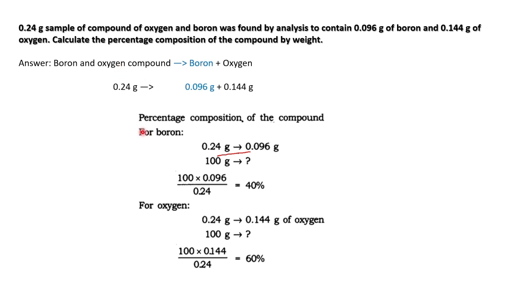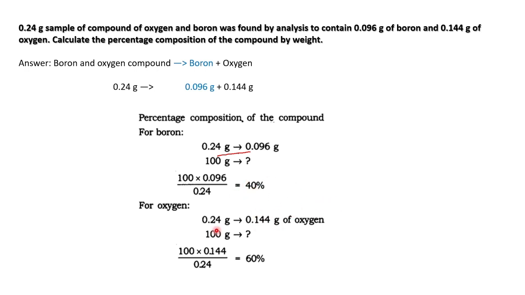We have to find the percentage composition of the compound. How to find this? Here 0.24 grams is the sample. So for boron, we take 100 into the weight of boron divided by the sample weight, so we get 40%. Boron is 40% in this.